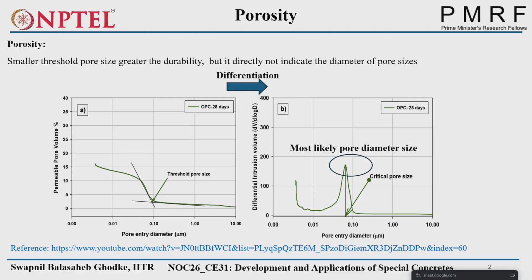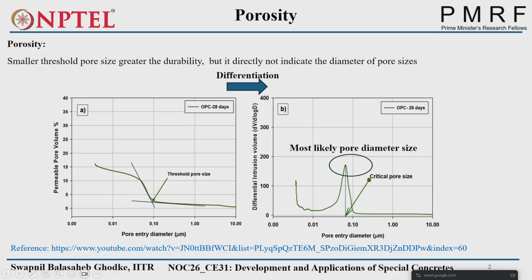In the last lecture, one of you asked to see the results of mercury intrusion porosimetry. In mercury intrusion porosimetry, we get the raw data in the form of permeable pore volume percentage and pore diameter.